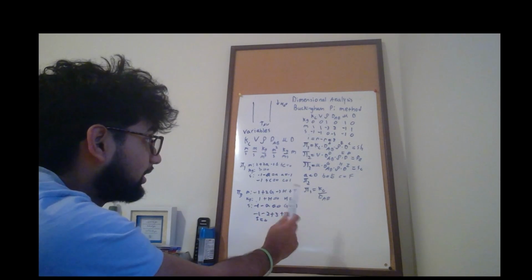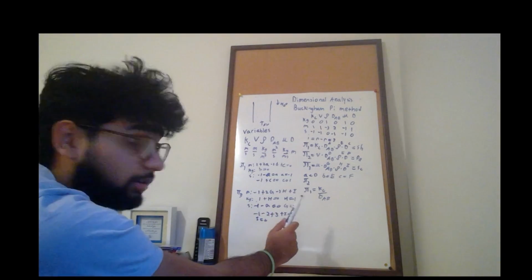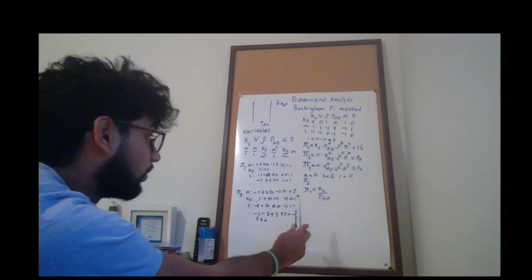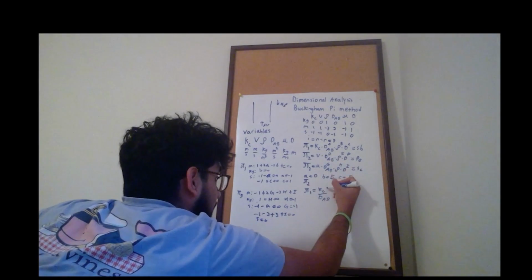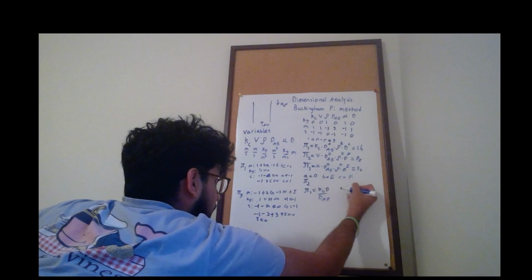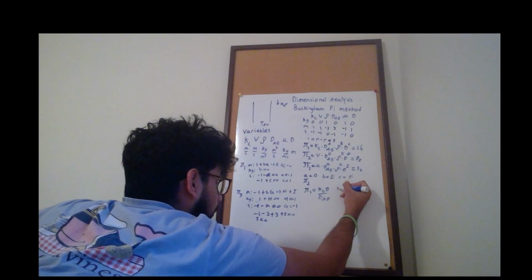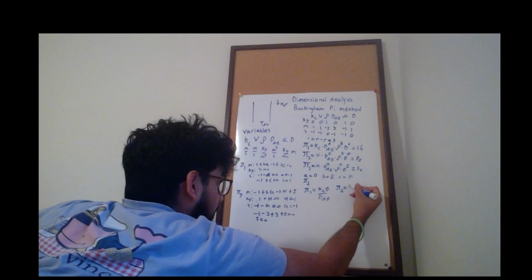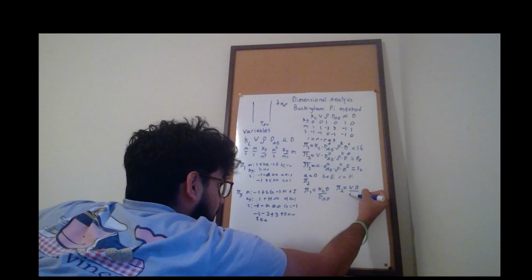And then the density is going to be to the power of 0, so we take that out. And then the diameter is 1. So we have that on the top here. And then for pi 2, we have the same thing, but we're going to have velocity instead of the mass transfer coefficient.